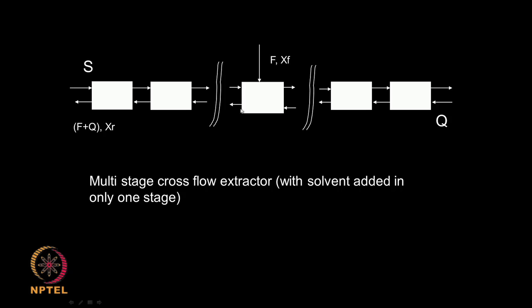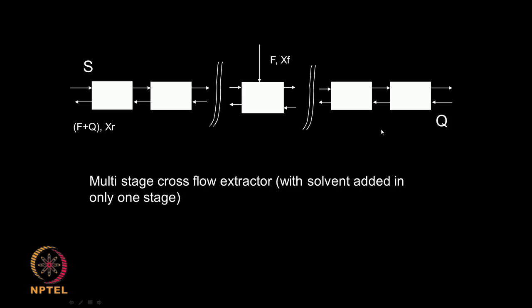After this stage you are going to have F plus Q, that is the total amount of the heavies or the aqueous stream or the raffinate flowing like this. The solvent goes like this and then like this, and finally you get the extracted solute.